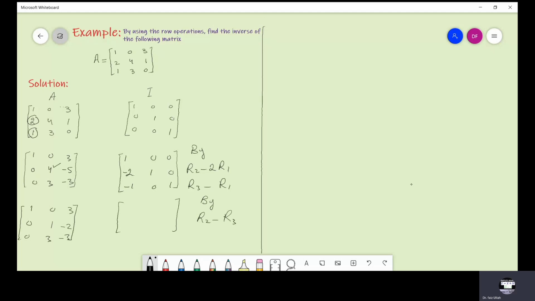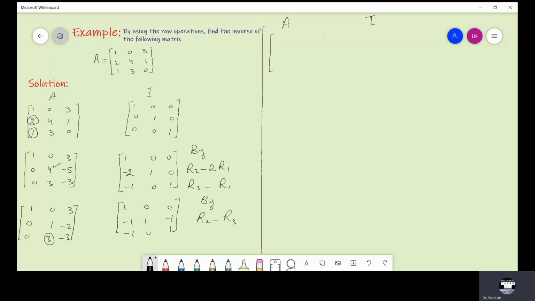So we should perform the same operation on I. So we get 1, 0, 0, minus 1, 1, minus 1, minus 1, 0, 1. In the next step, we need that this 3 must be equal to 0. So we can write A here and identity matrix on this side.